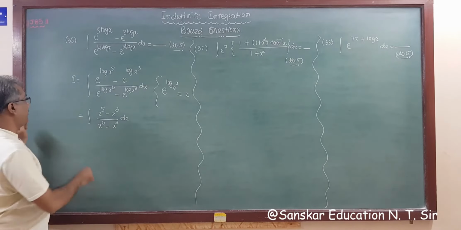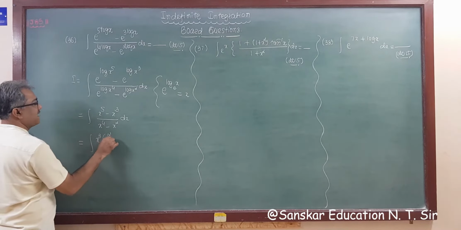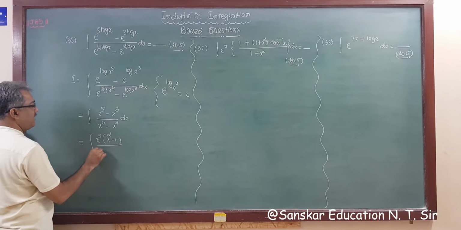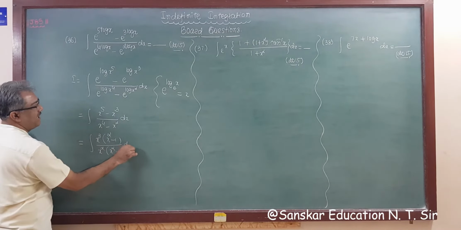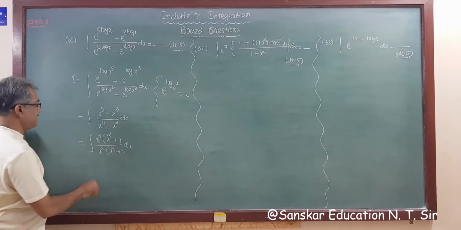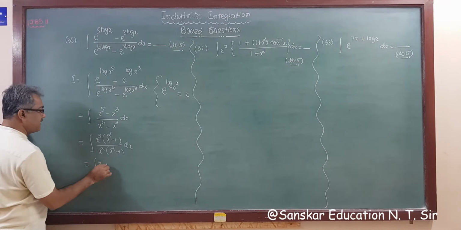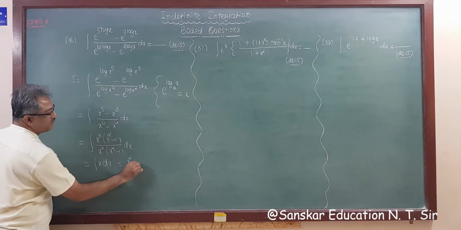Taking x cube common, we get integration of x cube times (x square minus 1) whole upon x square times (x square minus 1) dx. So x cube upon x square is x, and the remaining is integration x dx, and the answer of this is x square by 2 plus c.